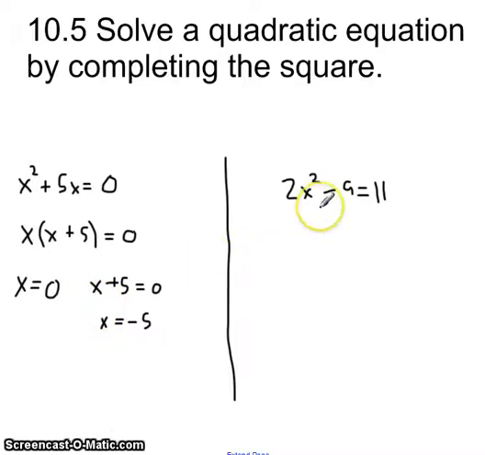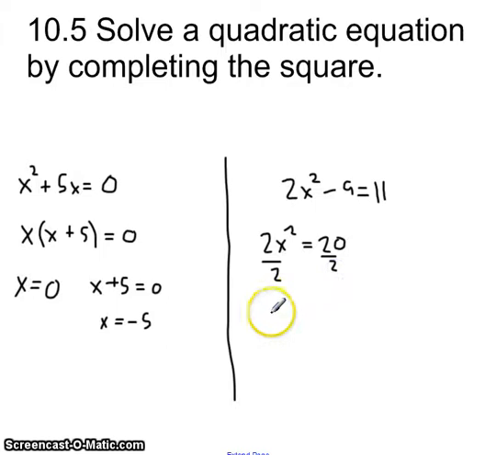Now, the other technique we learned was the square root property, which only applies when you have a single x term. In this case, we will do inverse operations to isolate the x squared. We'll add the 9 to both sides and get 20. Let's go ahead and divide by the 2 to isolate the x squared.